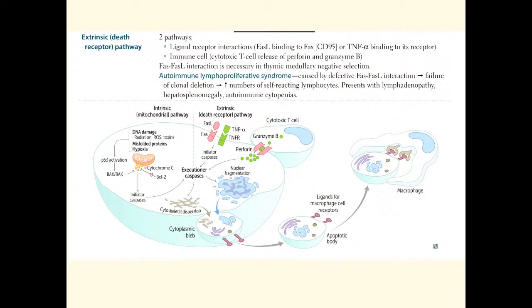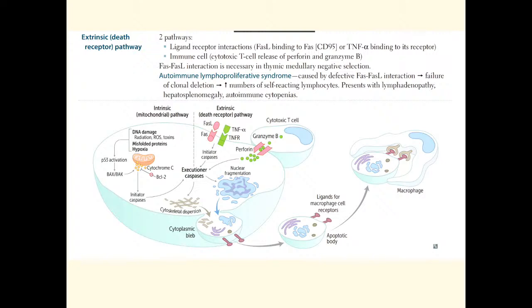Negative selection in the thymus during the early development of the T cells. Yeah, kind of. We need negative selection in order to eliminate highly reactive T cells, and they must not be released into the bloodstream.